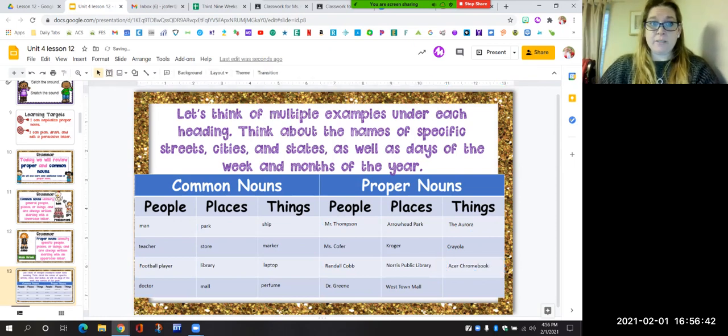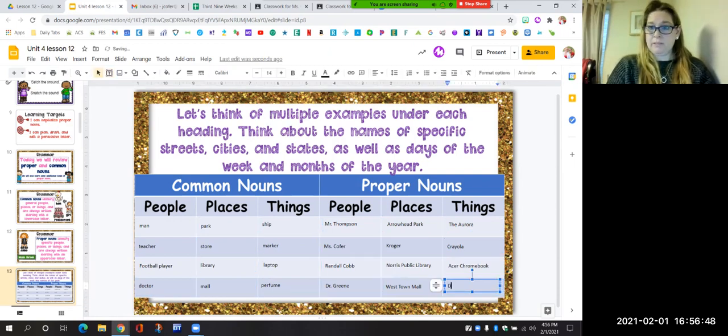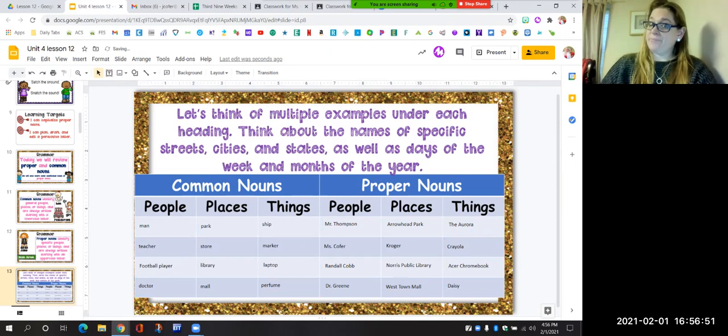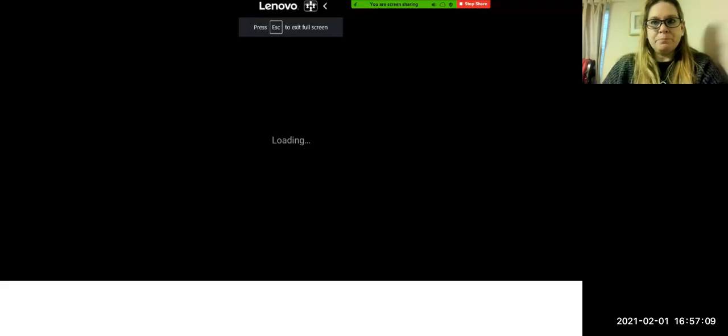And instead of just perfume, we could have a specific perfume called Daisy. Okay, so these are common, like they could be any of the things that you're talking about. Like there's hundreds and hundreds of parks just in Tennessee alone. I don't know which specific park I'm talking about unless I say the proper name of that noun, Arrowhead Park. Okay.